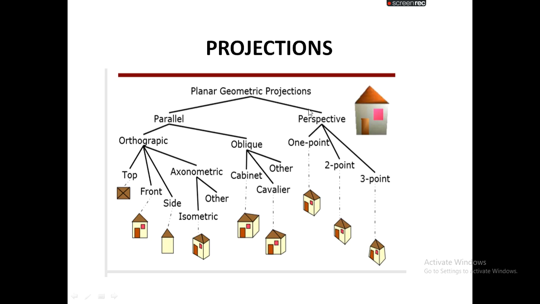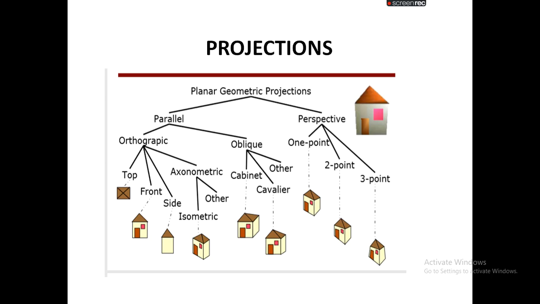Next classification is called perspective projections. In case of perspective projections, again we have three types: one point perspective projection, two point perspective projection, and three point perspective projection.